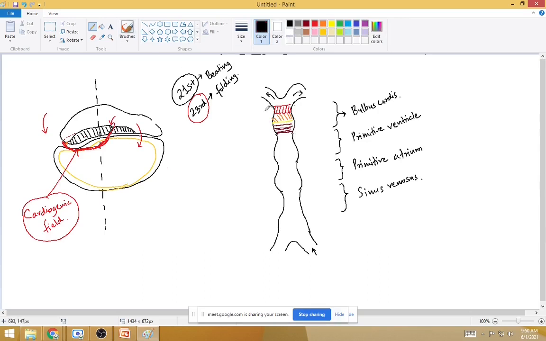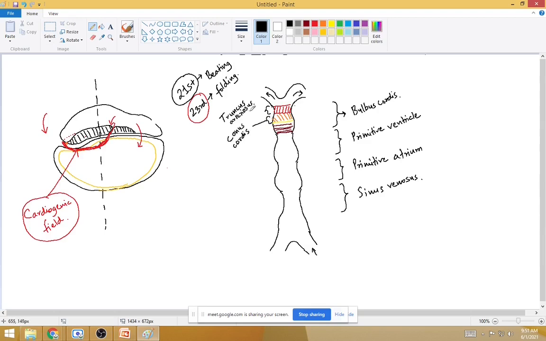What are those? The first part is known as truncus arteriosus because it will form the arterial trunks. The second part is known as the conus cordis.